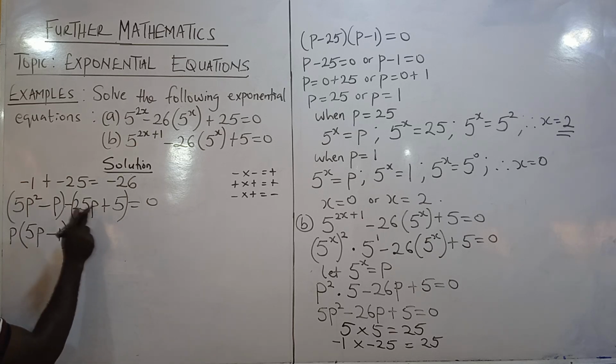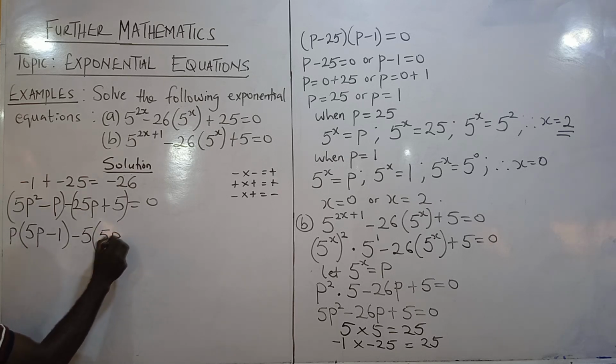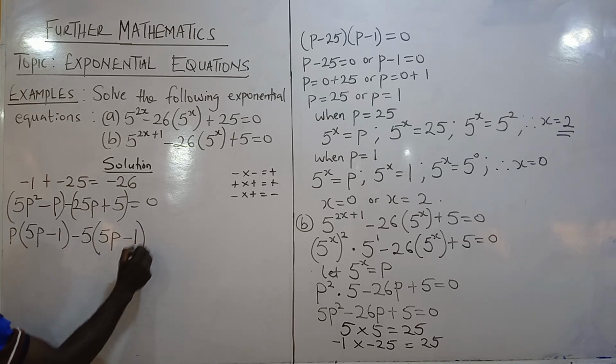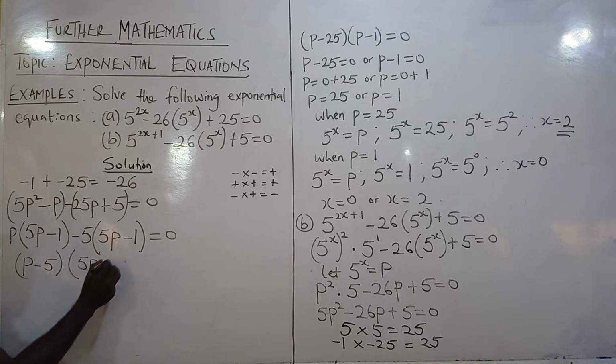Minus, what's common that we are going to factorize out is 5. 5 goes in 25 is 5, p, negative and positive give us negative. 5 goes in 5, 1, equals 0. Now, since we have the same expression in the bracket, you pick 1. Now we have p minus 5 and 5p minus 1 equals 0.